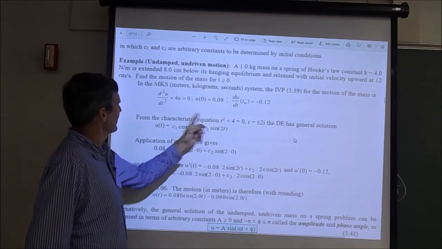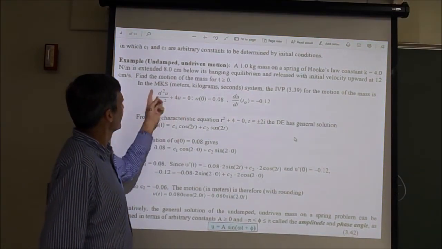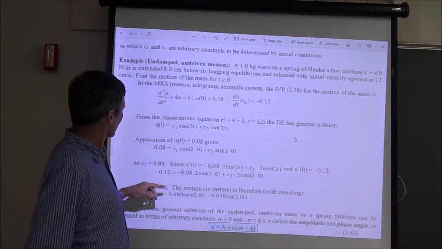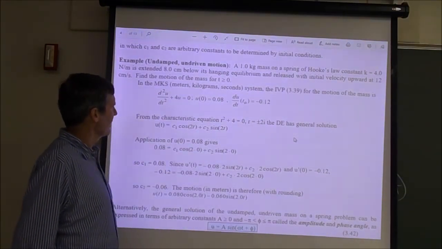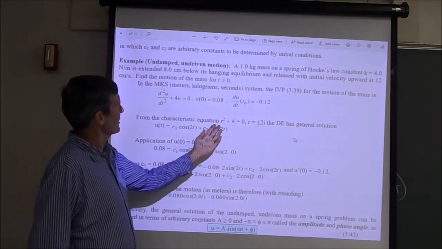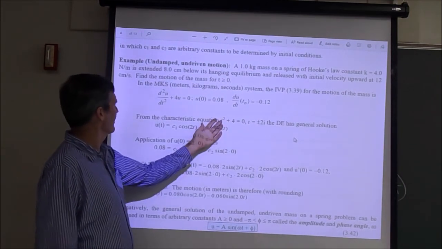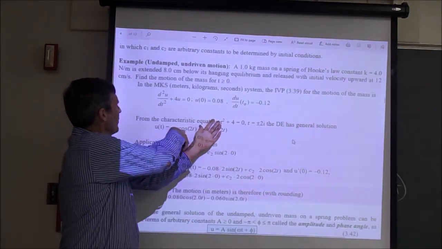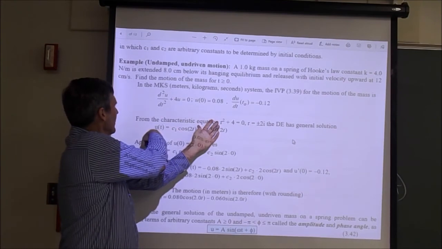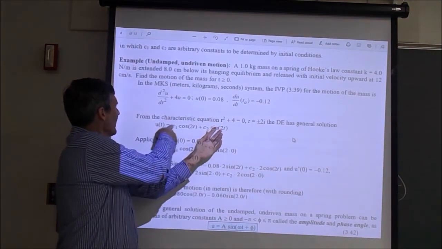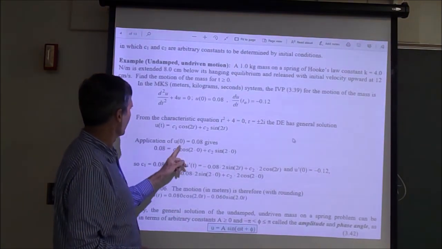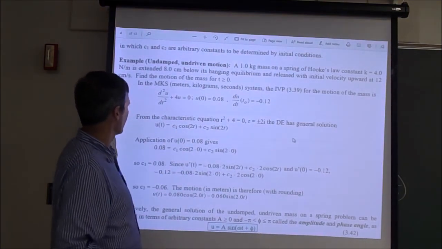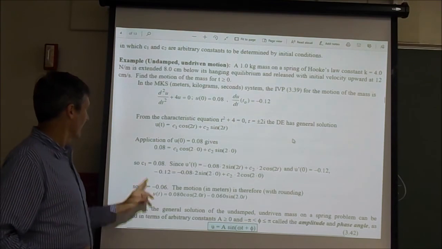Now, once we write down this general solution of the differential equation, we apply that u of 0 equals 0.08. Well, you plug in 0 here, and the sine of 0 is 0, so this falls out, and cosine of 0 is 1. You get C1 times 1 equals 0.08, so C1 equals 0.08.